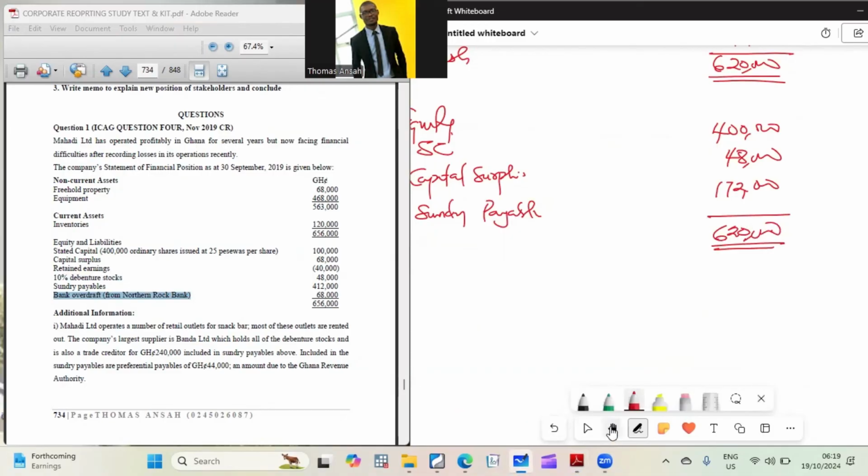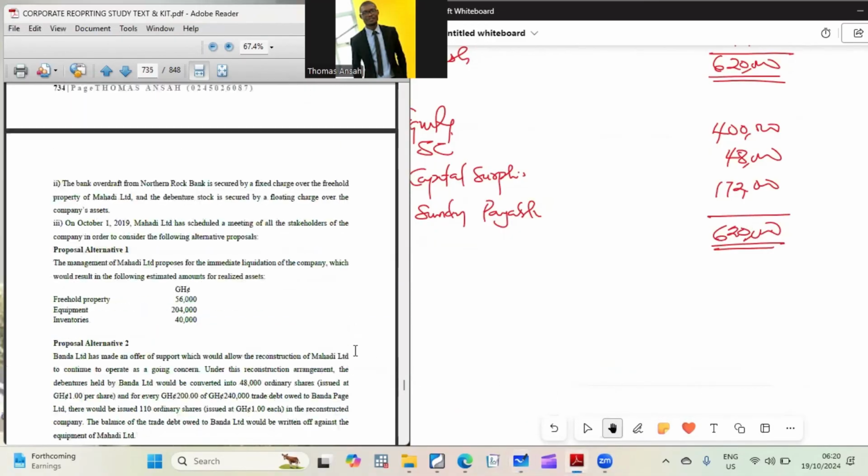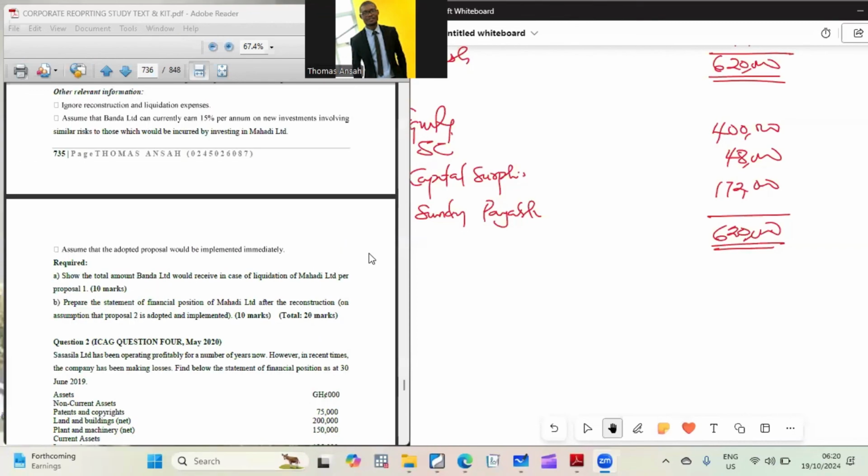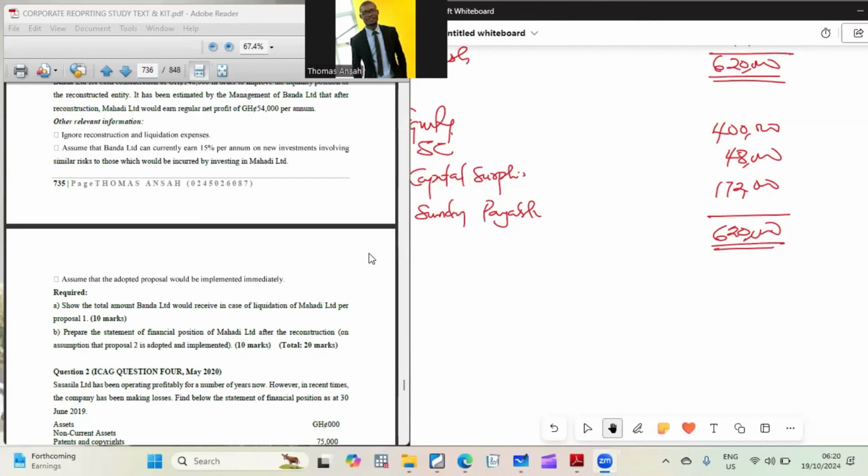Now, according to the question, we are meant to prepare the statement of financial position on the assumption that, so that is what we have done. But I want us to do something extra. Can you calculate the earnings per share now? The profit was given to be 54.